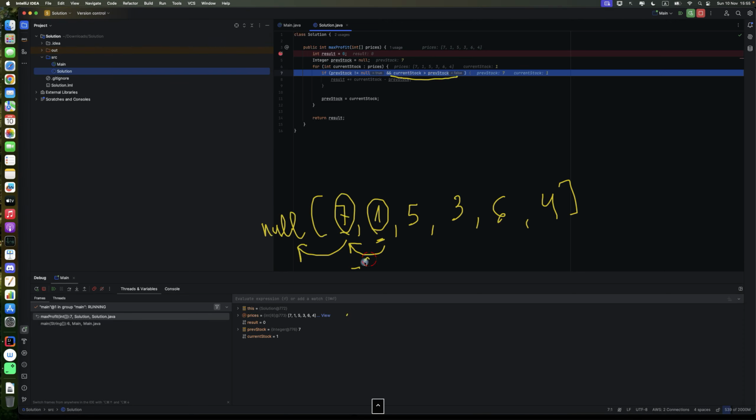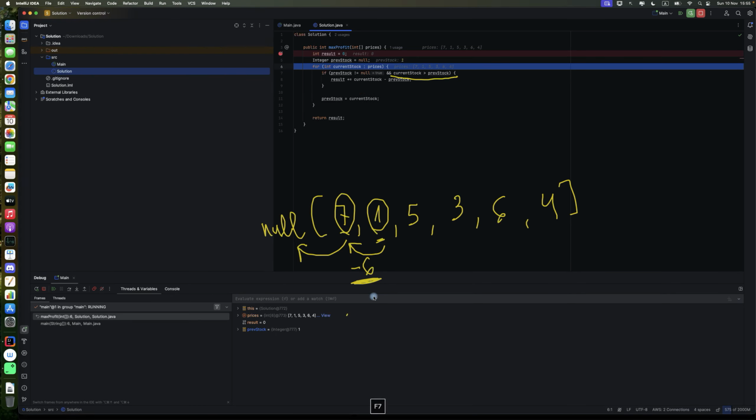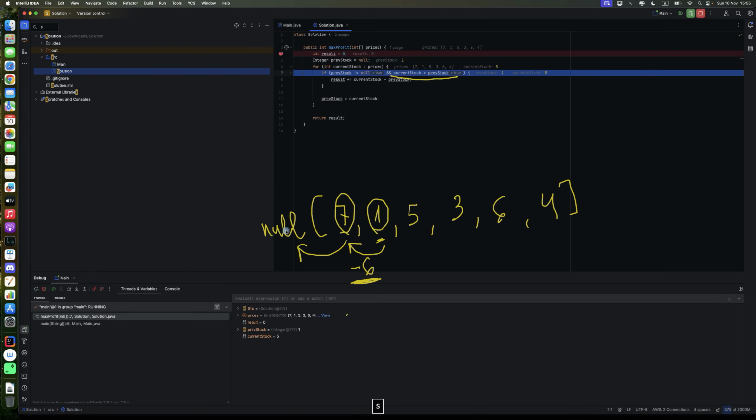No, it is not, because we are going to lose 6 here, for example, from this transaction. And we will not do it. So we proceed. We say previous stock is equal to 1 now, because we are going forward. We are going in the forward direction, but we are looking backwards, right? We are going in this direction, but we are looking for the elements in the opposite way.